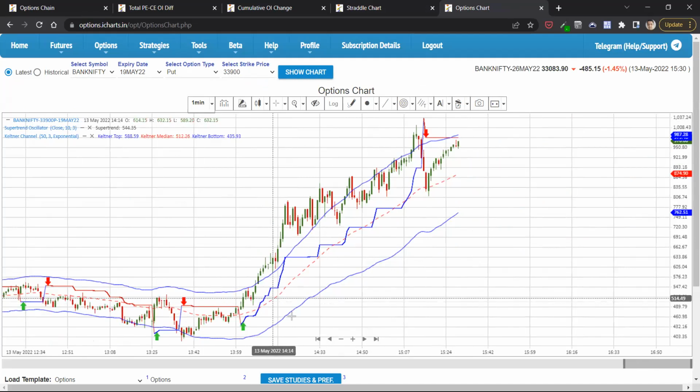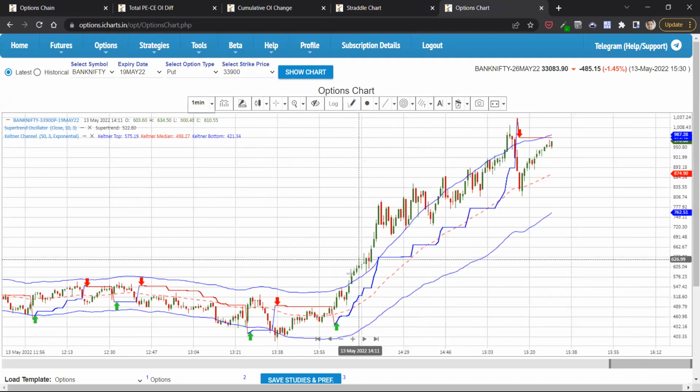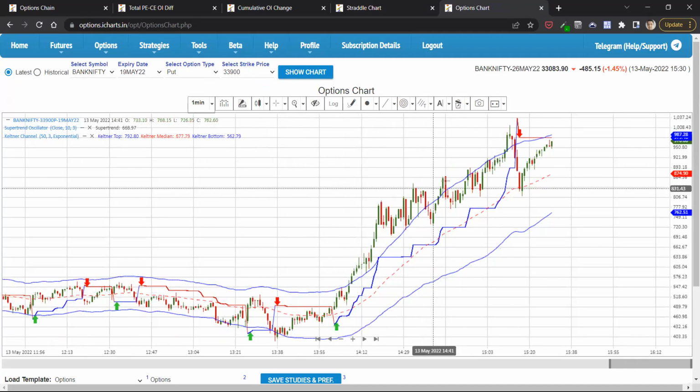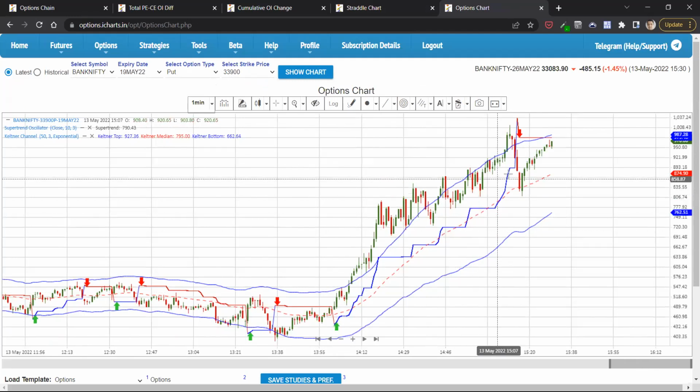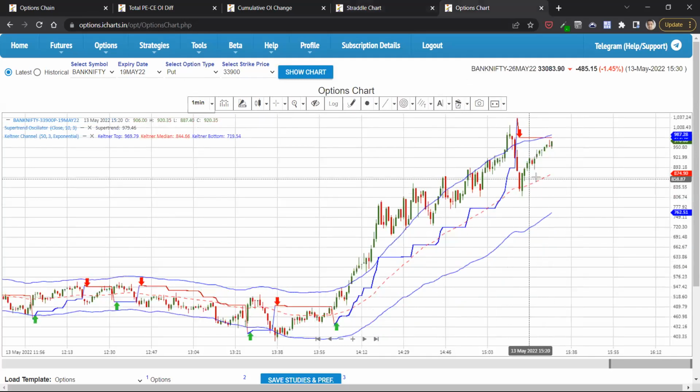In this case, it went with the trend, but if the straddle price goes down, you'll have to remove the hedge. So one is if the short option that I'm tracking gives this signal, whichever is early. But I generally wait for it to go below this. Most of the time I just rely on this.